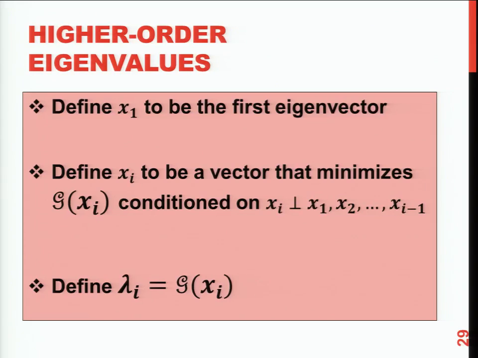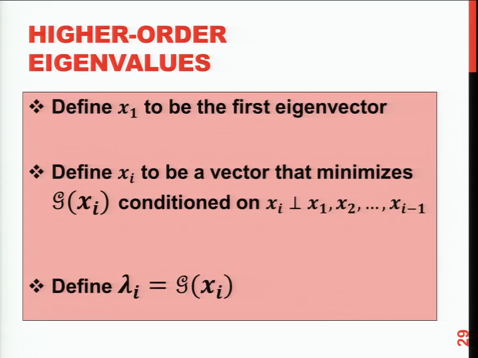As always, we take x1 to be the first eigenvector, which is some eigenvector that makes the value of g equal to 0. Now xi is taken to be a vector that minimizes g of xi, conditioned on xi being perpendicular to x1 through x(i-1).